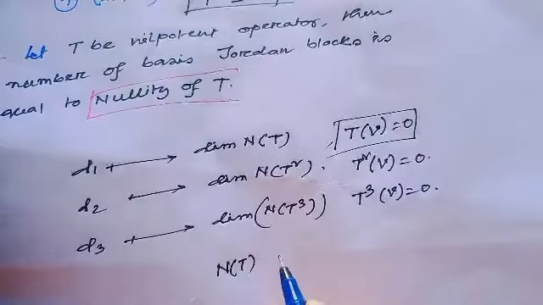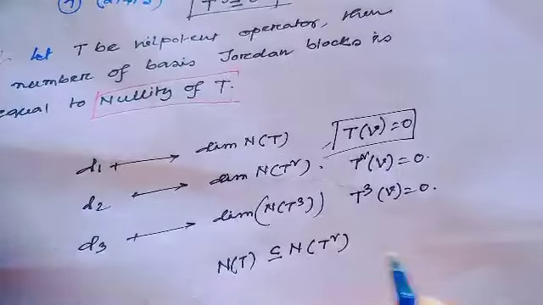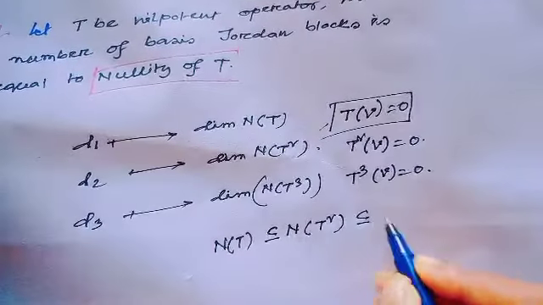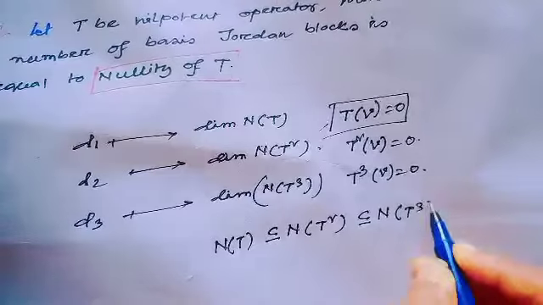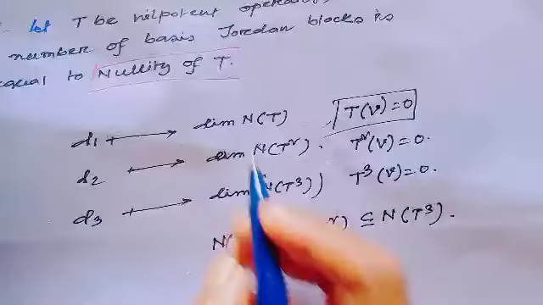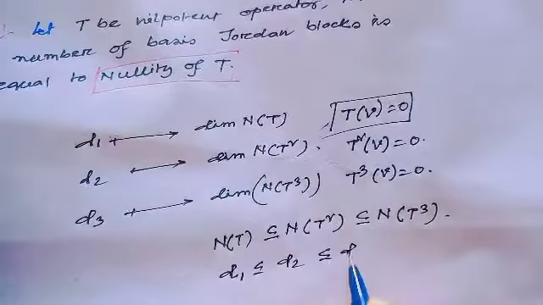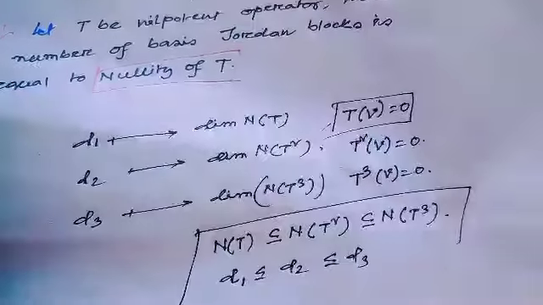It means the null space of T is contained in the null space of T square, and that is contained in the null space of T cube. That means d1 is less than or equal to d2, and d2 is less than or equal to d3. This is the relation.